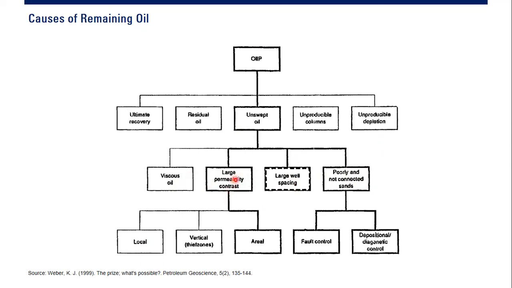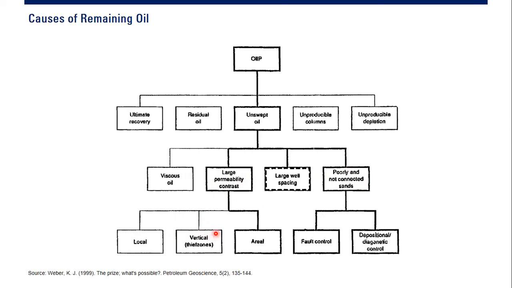We can also expand the issue of large permeability contrast. It can be a local contrast, all right? Maybe you are close to a fault. There will be large permeability contrast between the fault itself and the matrix around your well, okay? Large permeability contrast can also occur vertically.